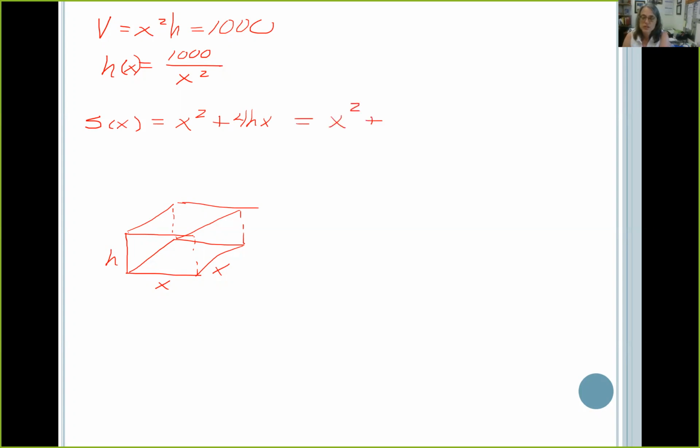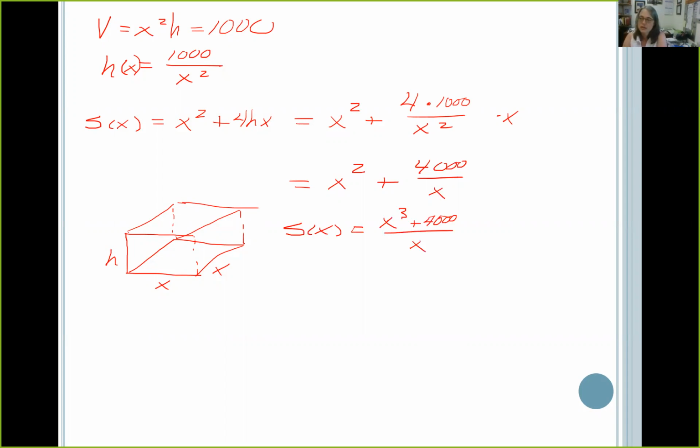So that's going to be x squared plus 4 times 1,000 divided by x squared, times x. So that is x squared plus 4,000 over x. If I combine this into a single rational function, we get that our surface area is going to be x to the third plus 4,000, divided by x.